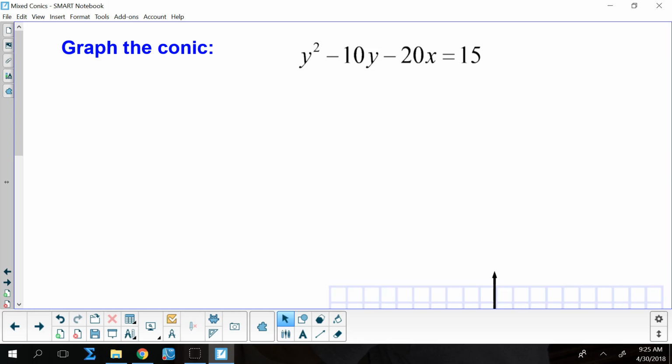Okay? And so then if it's an ellipse, the coefficients on the squared terms are different. They're the same if it's a circle. So with that being said from Friday, what kind of a conic is this?